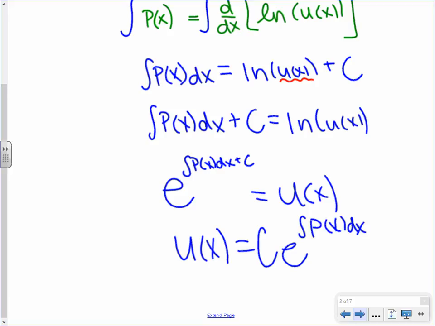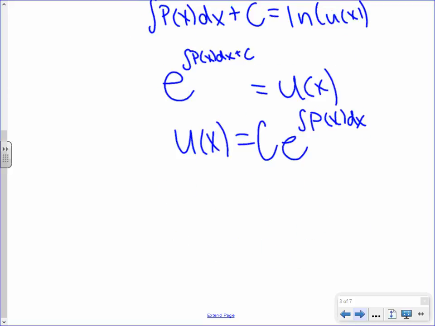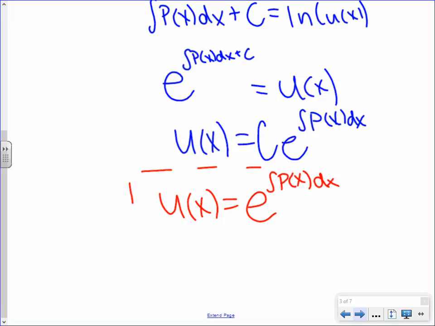However, since we are multiplying both sides by u of x, that constant is going to end up canceling out, so we don't have to worry about it. So our integrating factor, u of x, we really just need to take e to the integral of p of x dx. And this is your golden ticket to solve these problems.